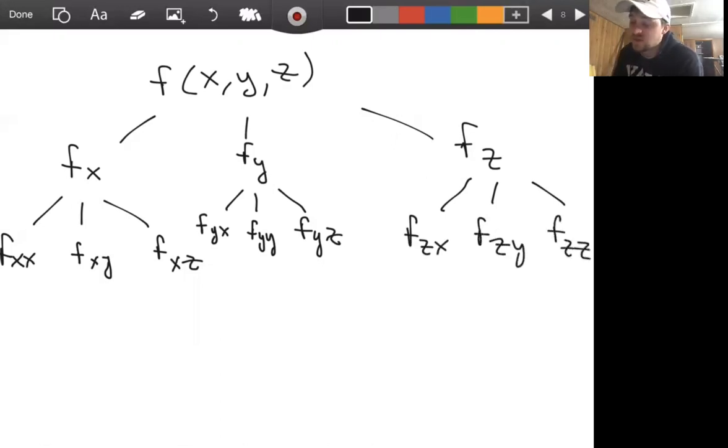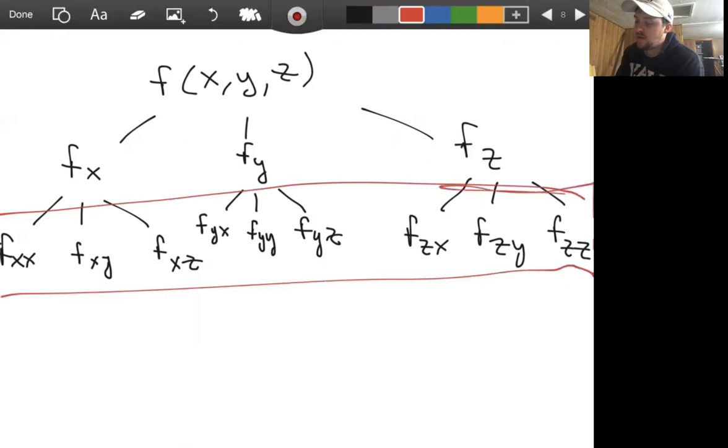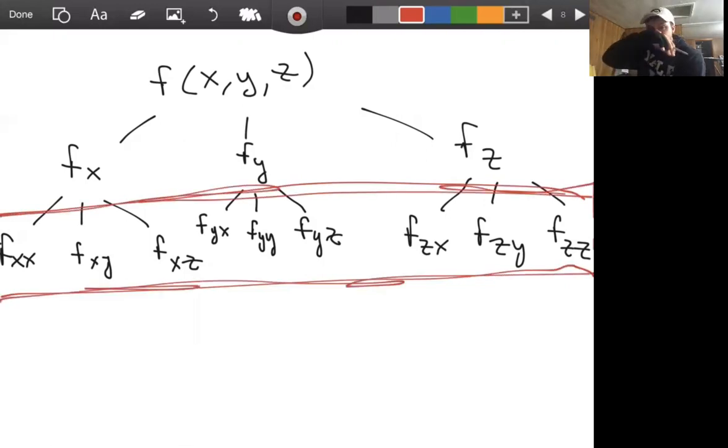So if it's a function of 3 variables, there are 9 second order partial derivatives. If you have to calculate all of them, you have 9 to compute. Well, 12, because you have to find the first partial derivatives first. So the more variables you get, the more second order partial derivatives you get.